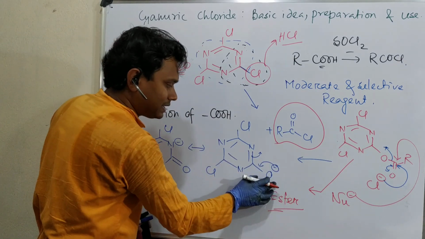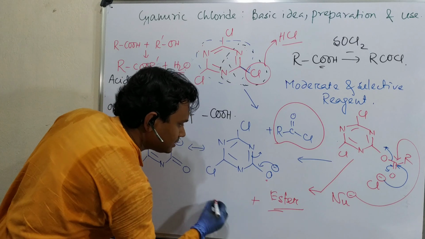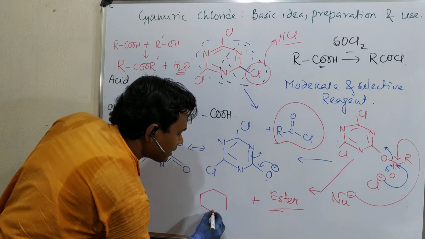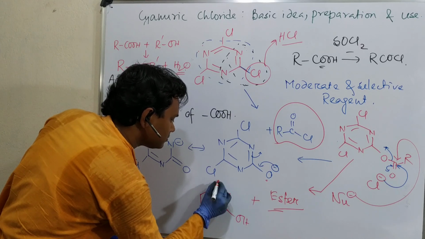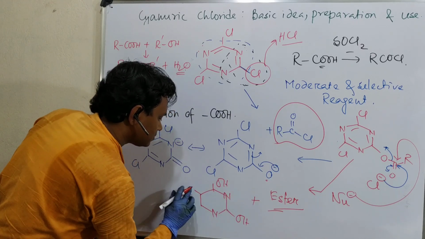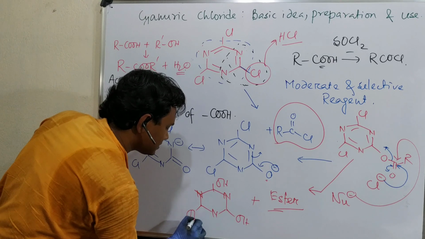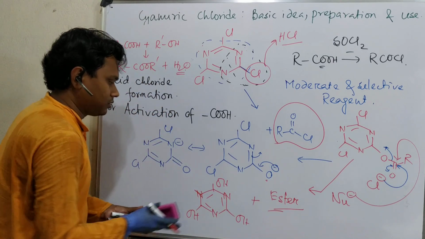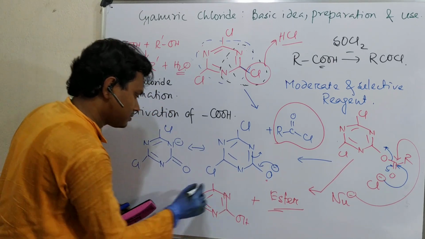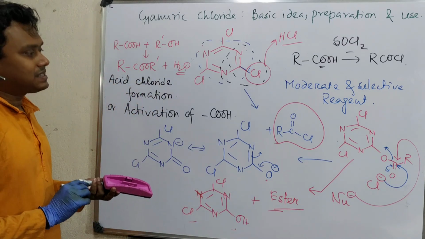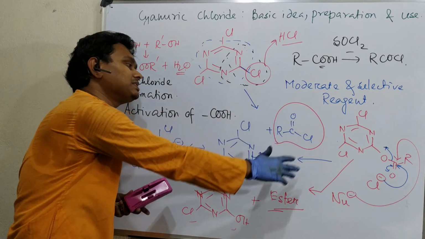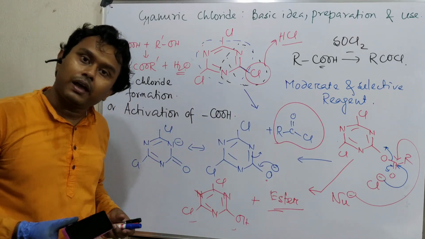Actually I said O minus, but in this case for the ester this will be this. It will be, sorry, not 3 Cl. So this will be produced stabilized. So this is the application: it's an activator for hydroxide.